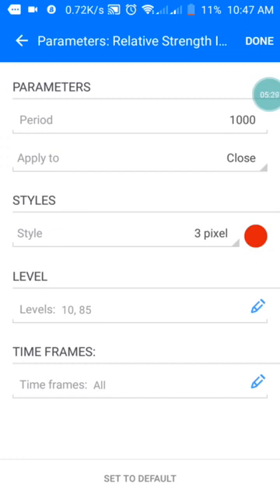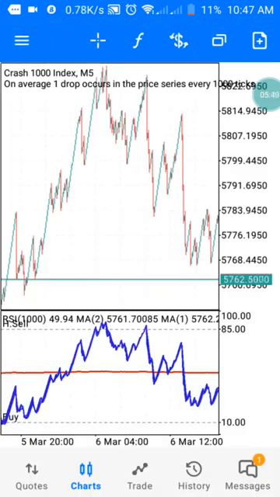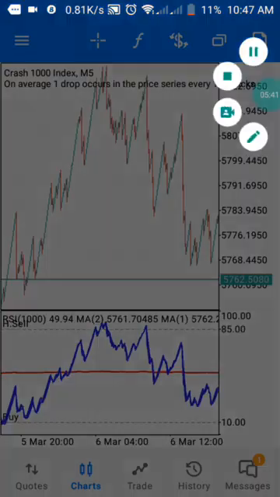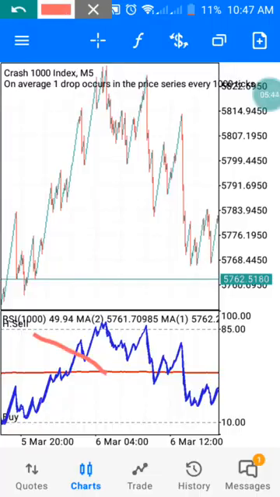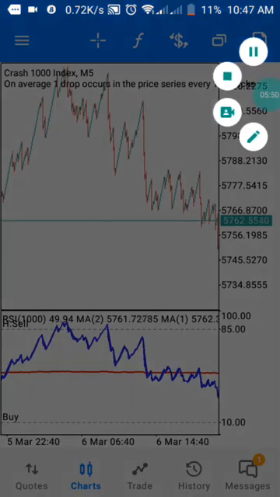I have applied to close. I have my style to be in red color, which is the red color here at this level. You see, that is my take profit. It will take that profit. That is my take profit.